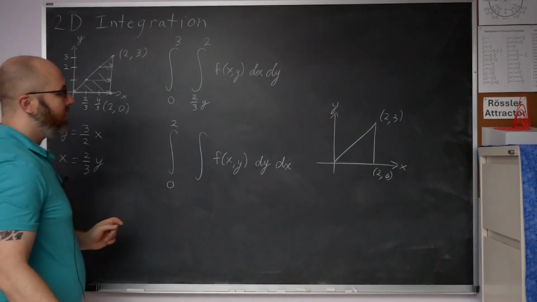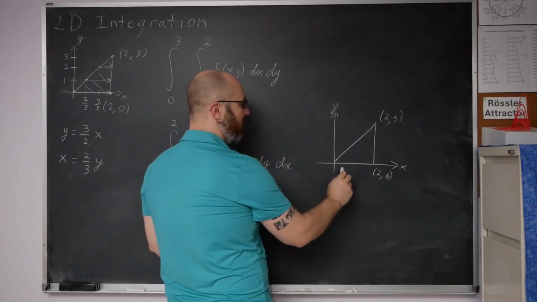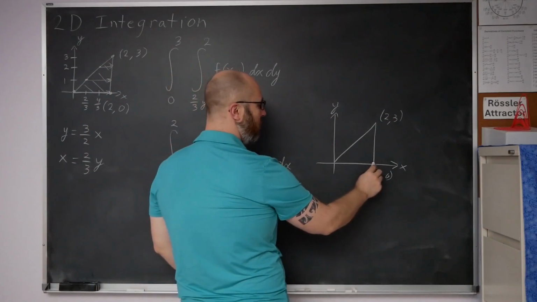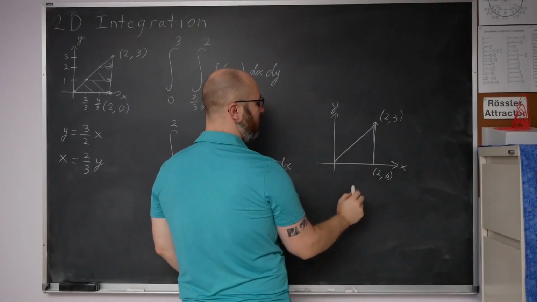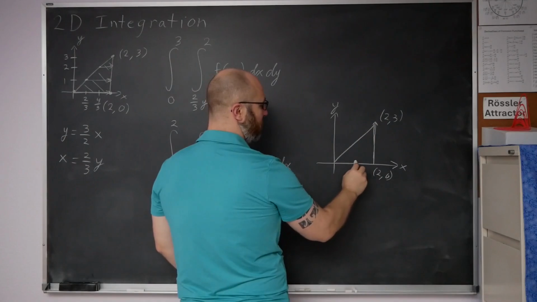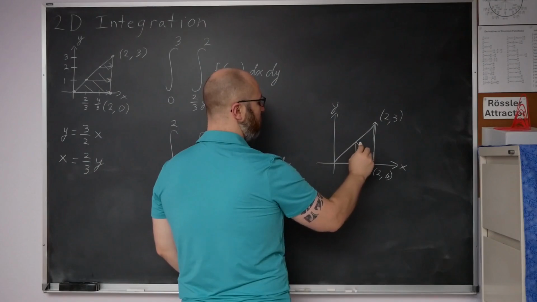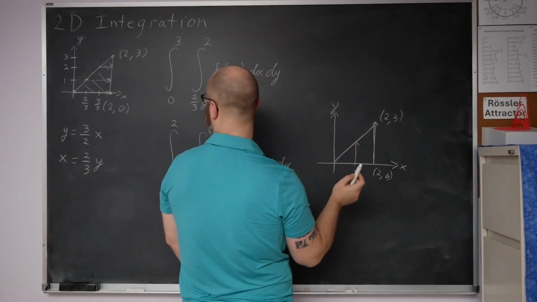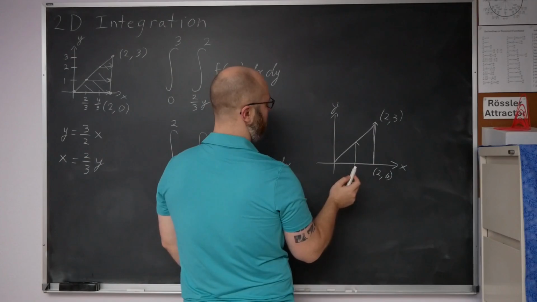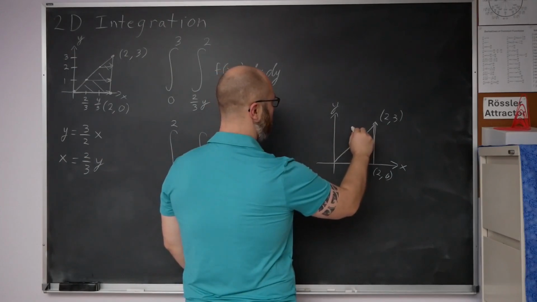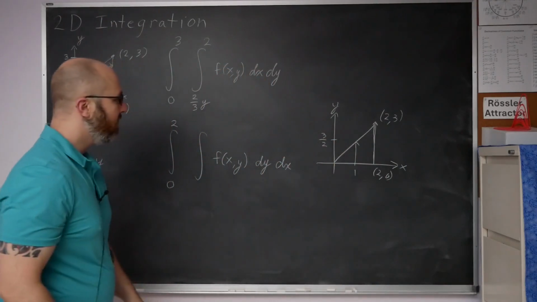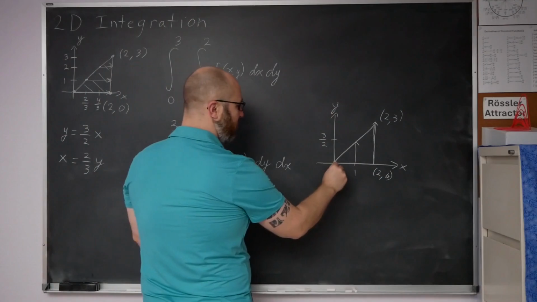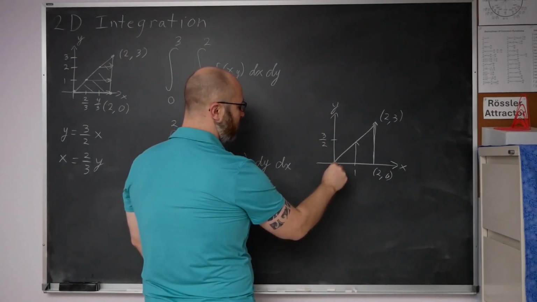If x is equal to 2, then y goes from 0 to 3. If x is equal to 1, then y goes from 0 to, what is that, 3 halves, I think. If x equals 0, then y goes from 0 to 0.